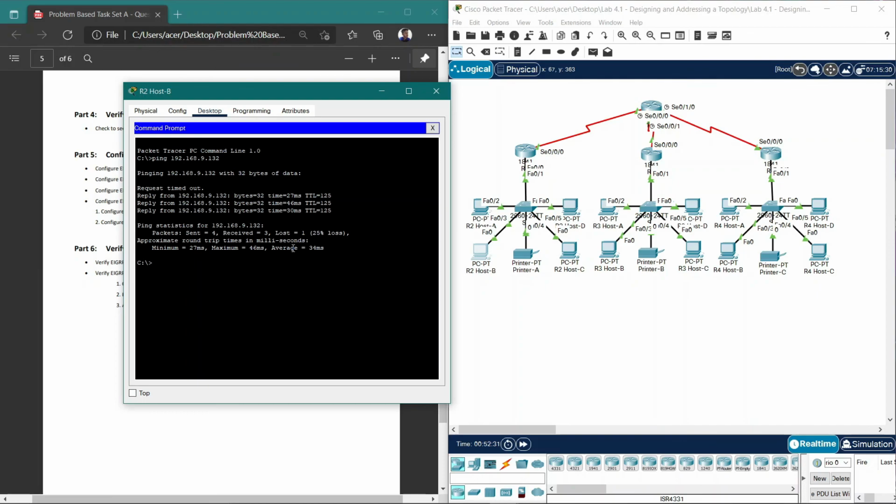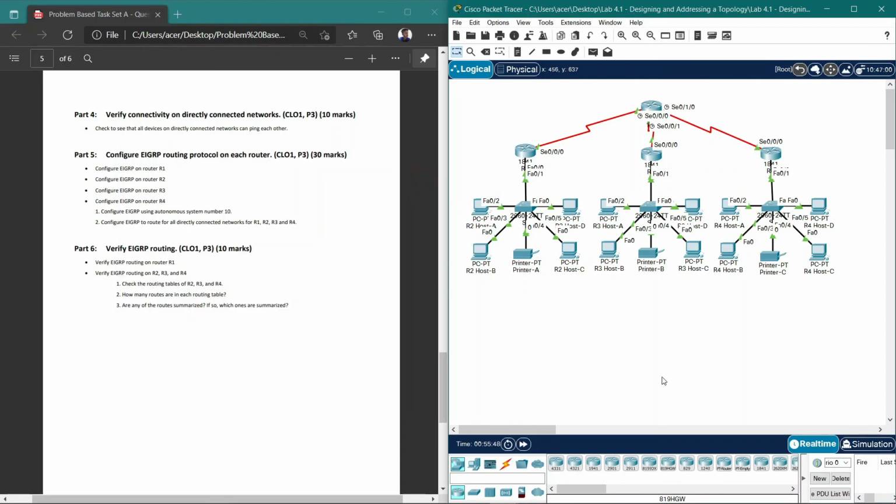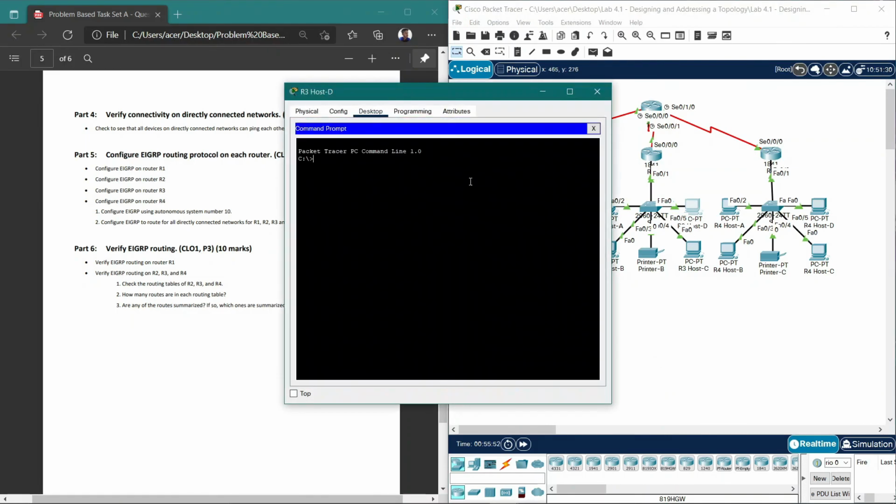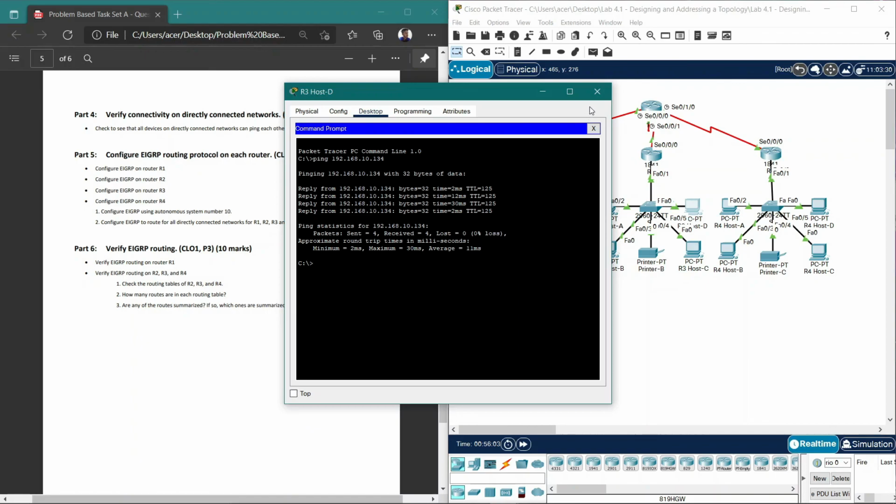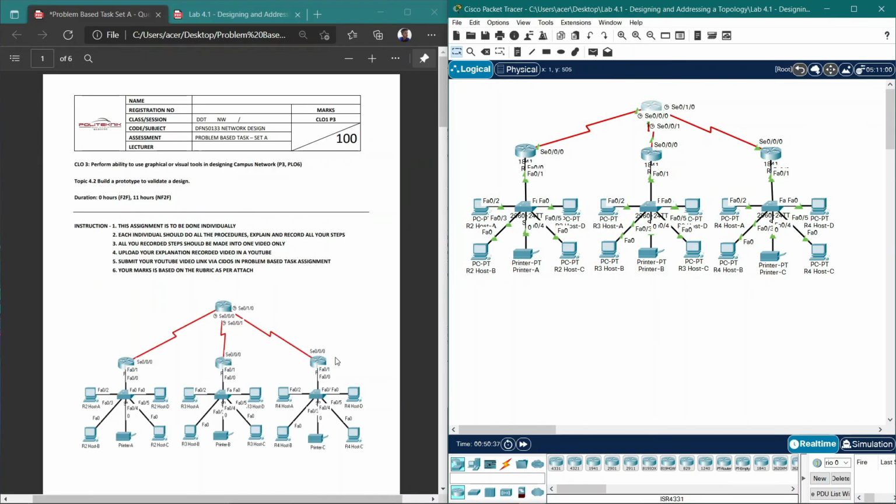And here we can ping from LAN to LAN. I will also be pinging from R3 host D to R4 host D. So the connection succeeded. And that will be the end of my problem-based task set A.